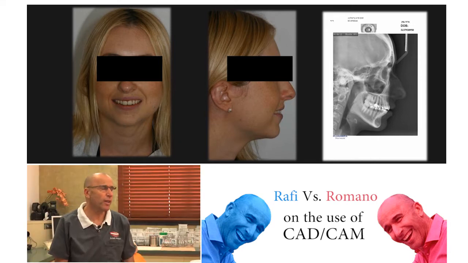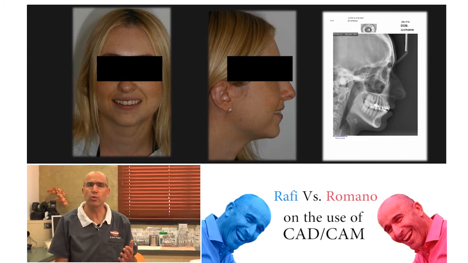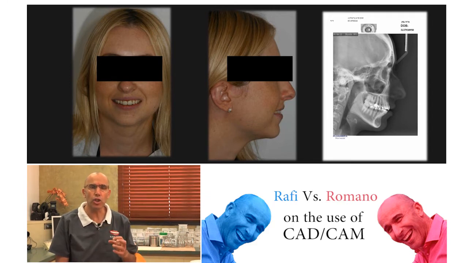You know, Rafi, you are definitely right. We have done a lot of cases beautifully, and I think I will continue to use laboratories in the future. But I think the digital tools give us a lot which the regular tools cannot give us.